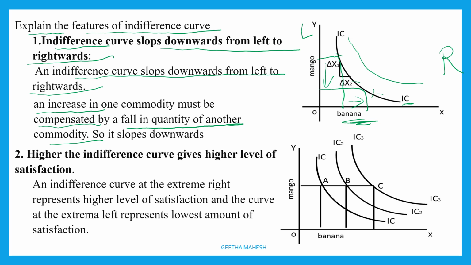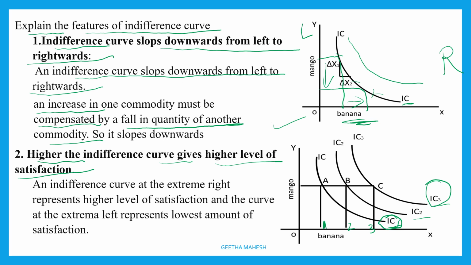The second point, the higher the indifference curve, the higher the level of satisfaction. You can see here there are three indifference curves, IC1, IC2, IC3. So the higher the indifference curve, the higher will be the level of satisfaction. The lower the indifference curve, the lower will be the level of satisfaction. See, if you consider here banana 1, 2, 3.